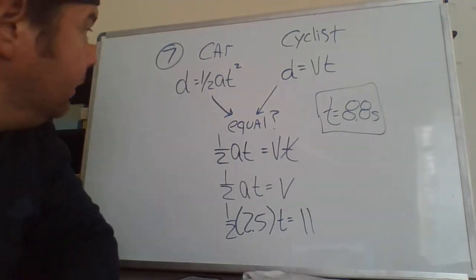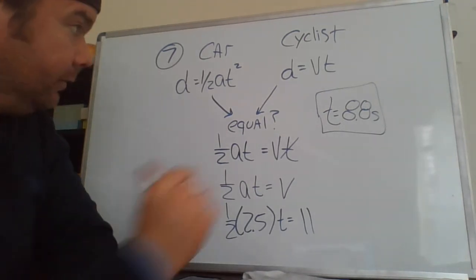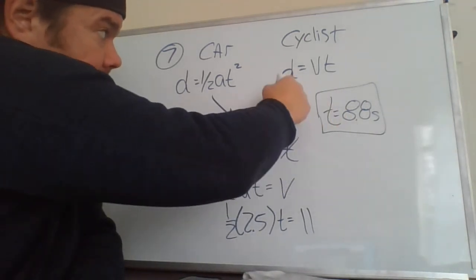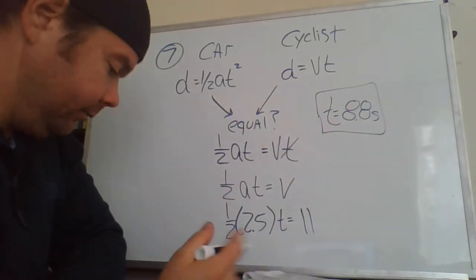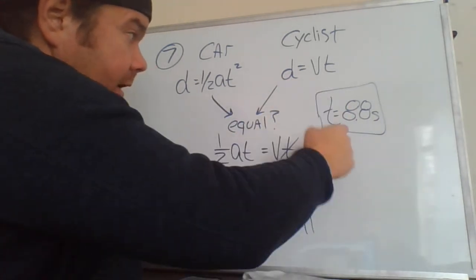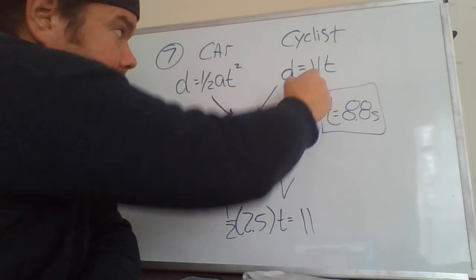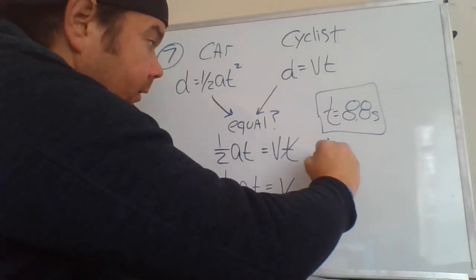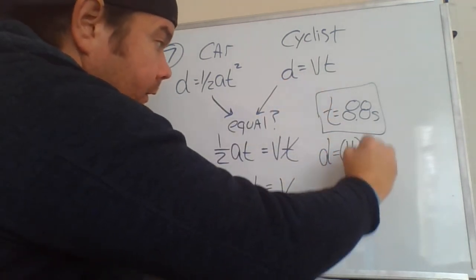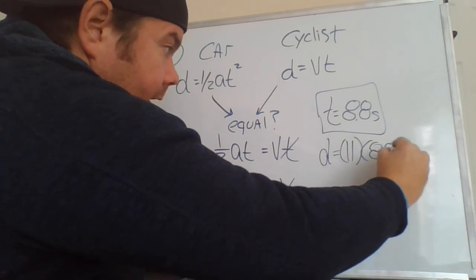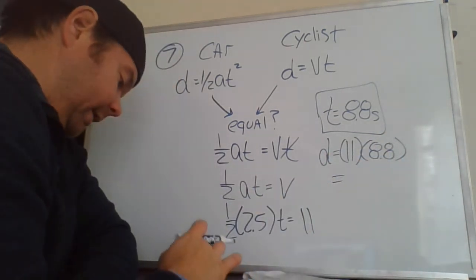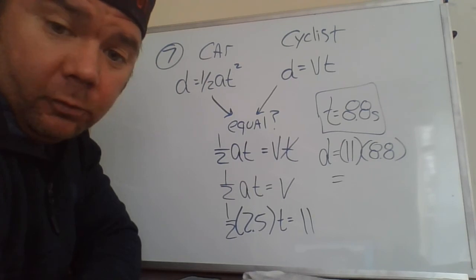All right, and if it's 8.8 seconds, then I can figure out how far away they are from where they started by just plugging in that 8.8 seconds into this. d is equal to 11 times 8.8, which is 96.8.